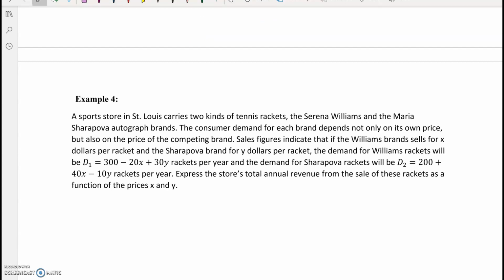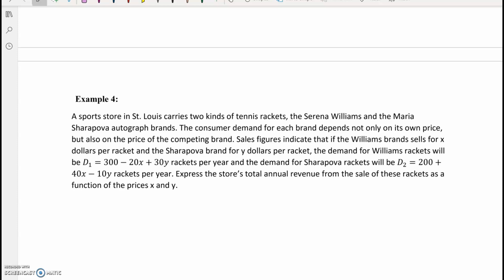Example 4 is a word problem about a sports store in St. Louis that carries two kinds of tennis racket, the Serena Williams and the Maria Sharapova. The customer demand for each brand depends not only on its price, but also on the price of the competing brand.